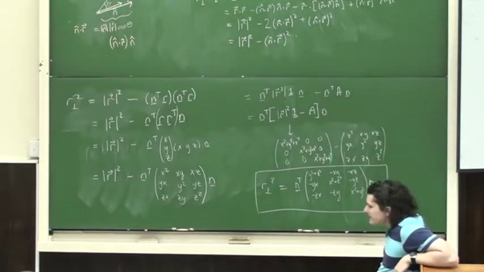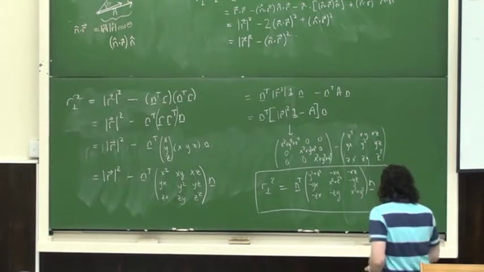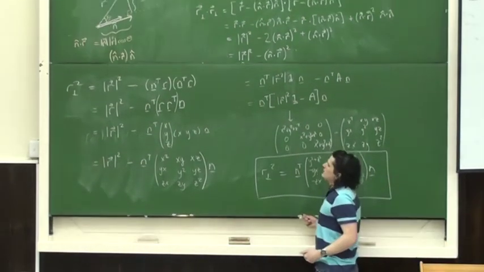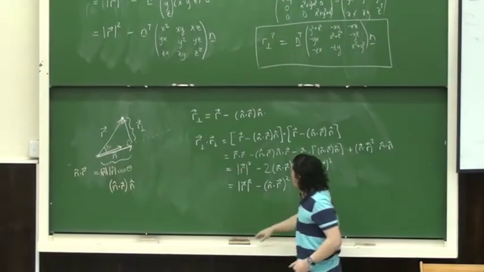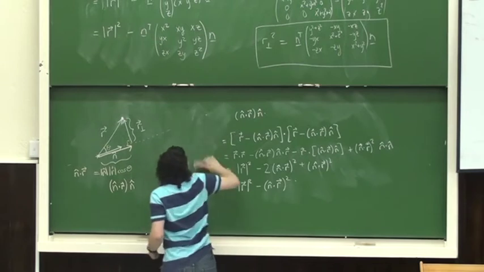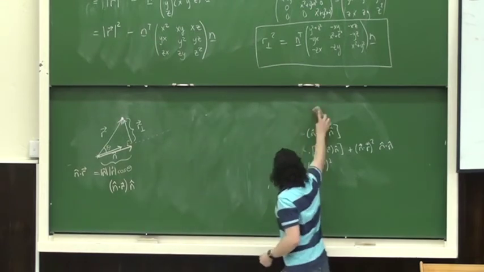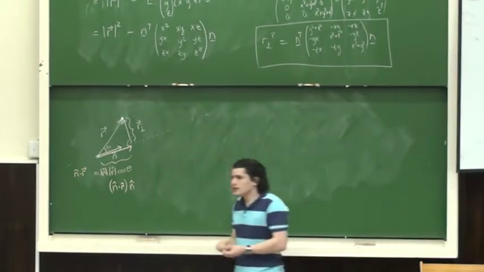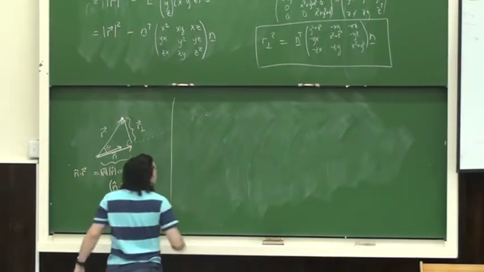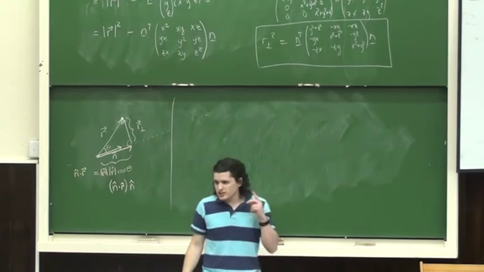All right, so let's see why this is nice. Why do we bother doing this? Let's find out what the moment of inertia is going to be like then. The moment of inertia is now given by a simple expression.